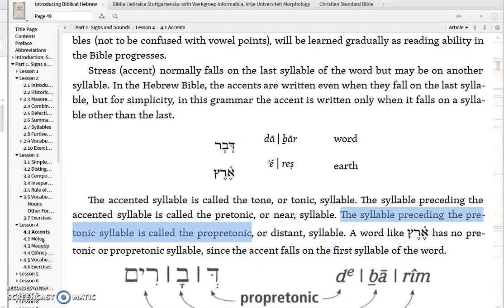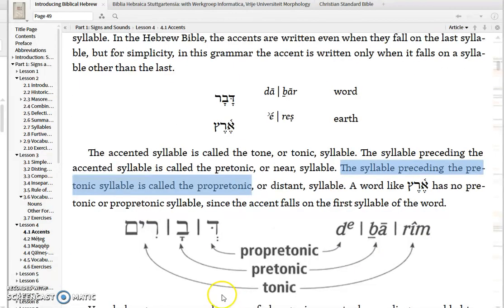So in a word like eretz, there is no pretonic syllable, and there is no propretonic syllable. But if you have the plural for the word davar, devarim is the fully written plural of davar.